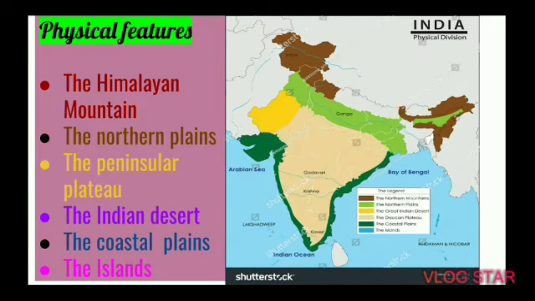And 70% of the people are depending on agriculture in our India. So most of the people want to live in the northern plains. And the life in the desert is very hard because the day is very hot and the night is very cold.